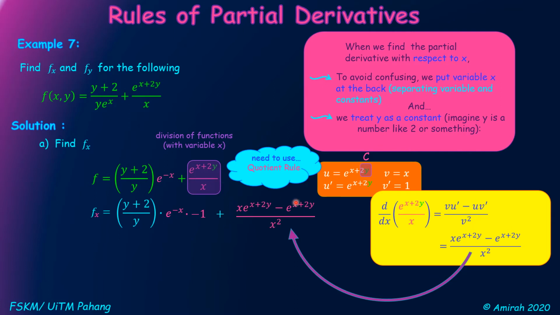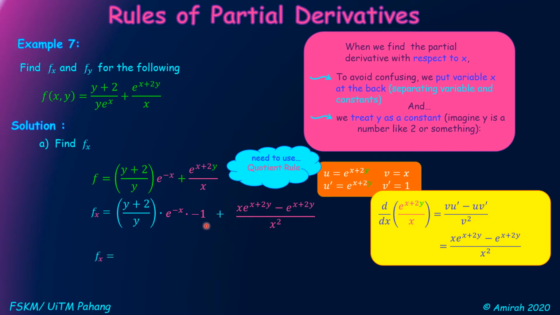When we differentiate e to the power of x plus 2y over x, we get x e to the power of x plus 2y minus e to the power of x plus 2y over x squared. And then a plus sign here because we follow this sign. And after that, we can simplify. Negative 1 times e to the power of negative x equals negative e to the power of negative x.